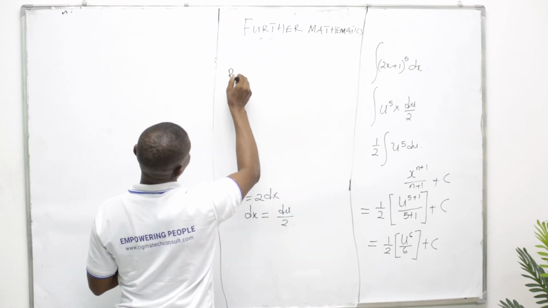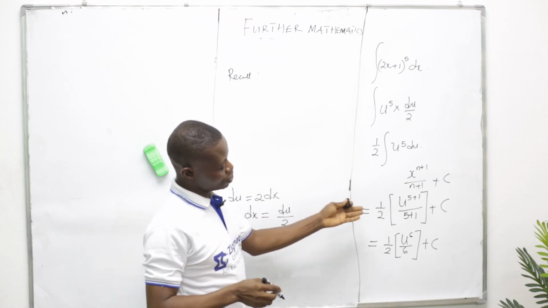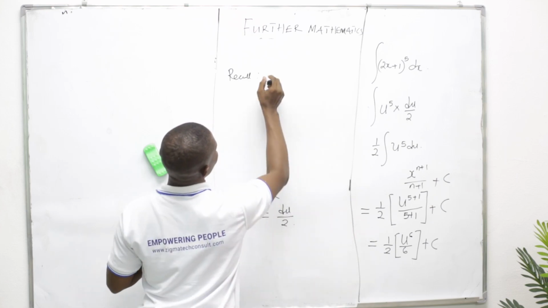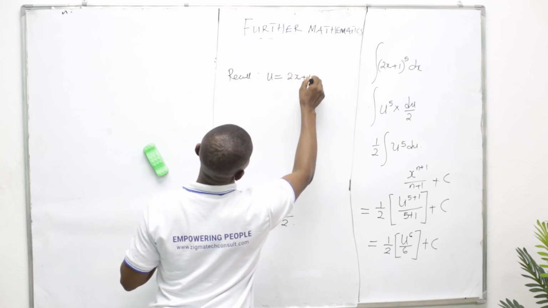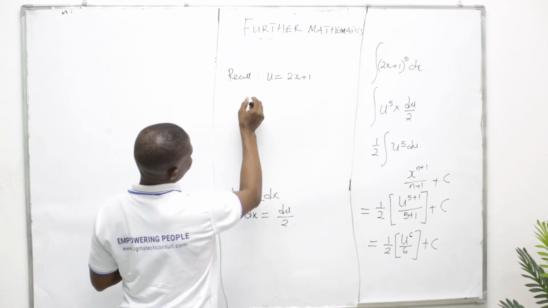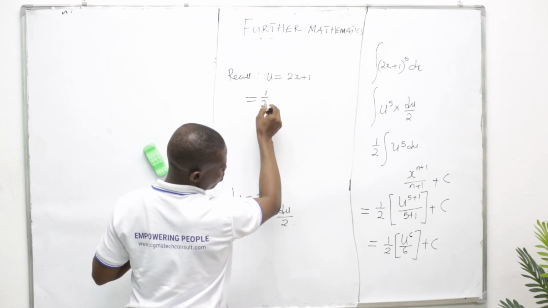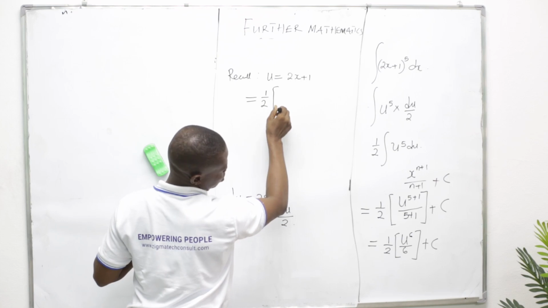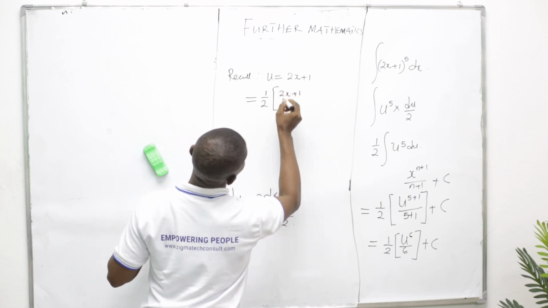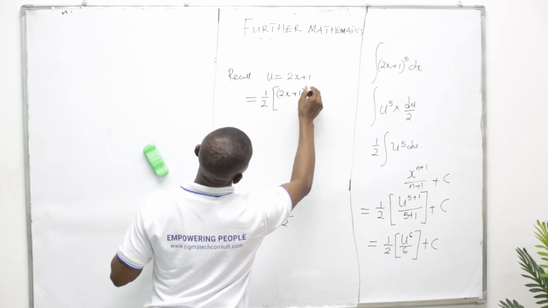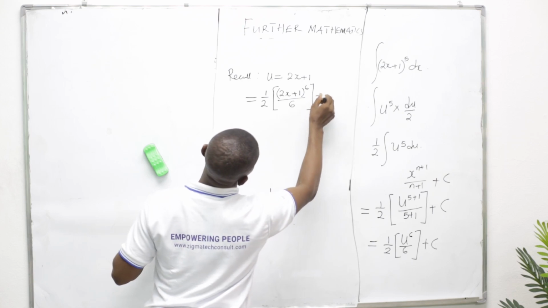Recall that. What are you recalling? Recall u equals what? u equals 2x plus 1. That's all. So you have to conclude what you have as a solution. 1 over 2 into 2x plus 1 raised to power 6 all over 6 plus who?